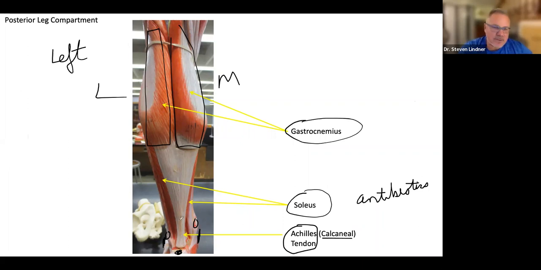I've had many patients over the years that have come in and said they ruptured their Achilles tendon, and I say, what were you doing? And they say, nothing, I was just walking and it snapped. I'll say, were you on any antibiotics a week or two before? And more than 90% of the time, the answer is yes. So whenever using antibiotics, always make sure and double check that there are no associated ruptures or tendinopathies.